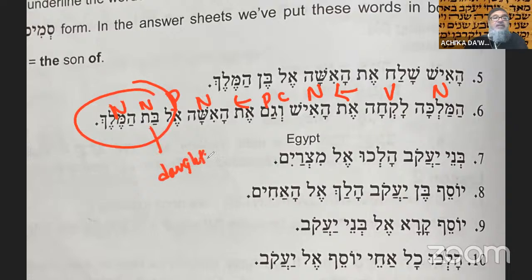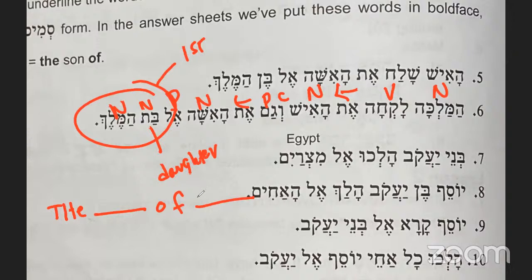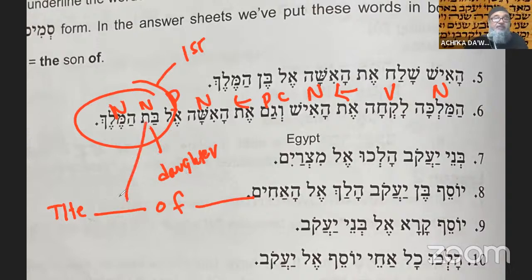Okay. So what's the first thing? It's the first noun. So since it's in first position, I'm gonna go the blank of what? What's the next one? Hamalek. What's a Hamalek? King. The king. So the bath goes right here.